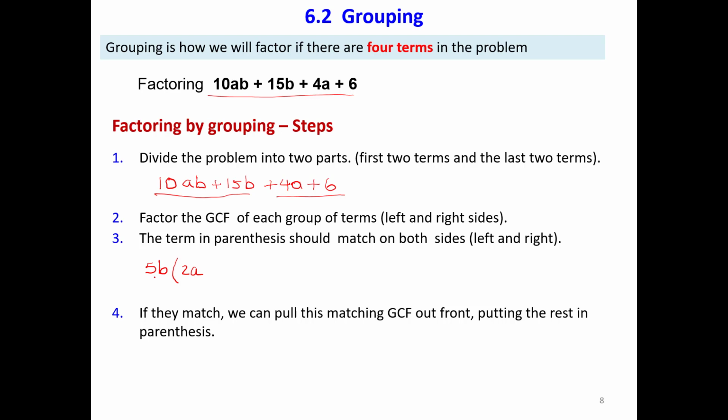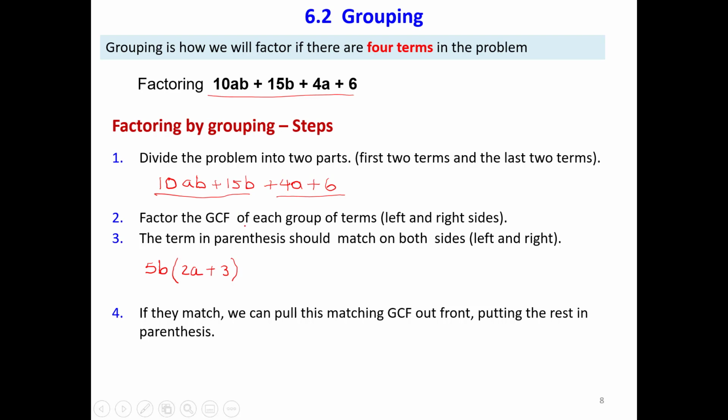We know it's right because 5 times 2 is 10, ab. The next one is 15 divided by 5 is 3, and b cancels out. We know it's right because 5 times 3 is 15, b. Now we're done with the first two terms.